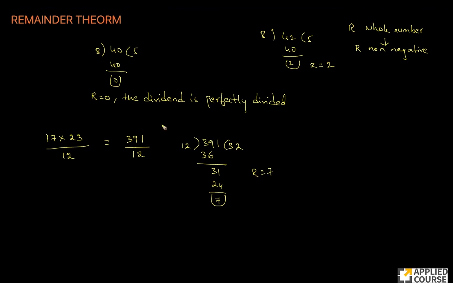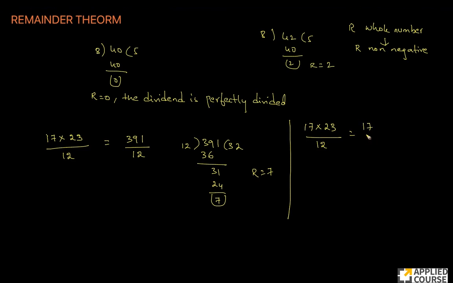This is a small number, so it is easy. But still, for finding the remainder, there is one methodology which is very easy to apply. Here you need to take individual remainders.